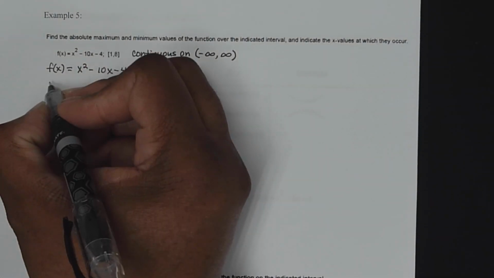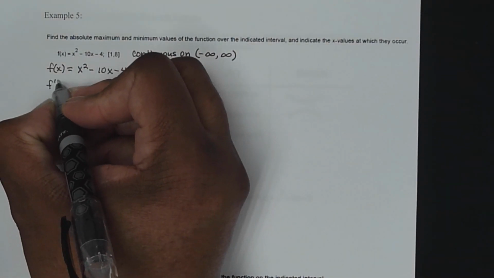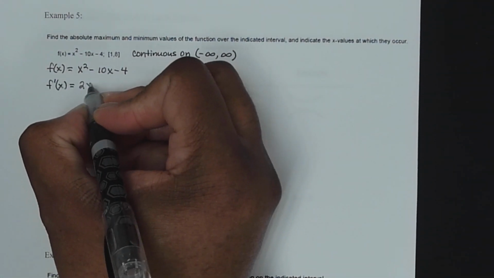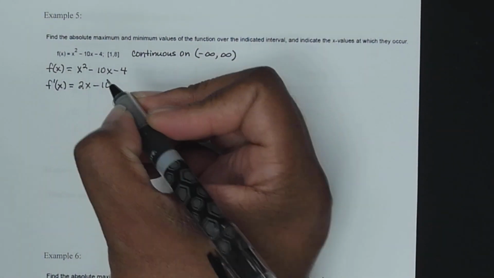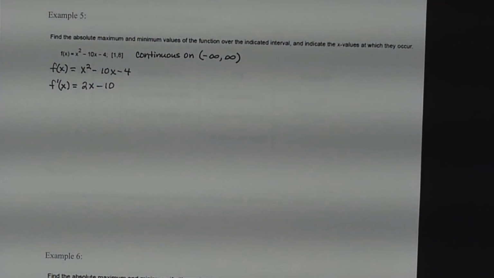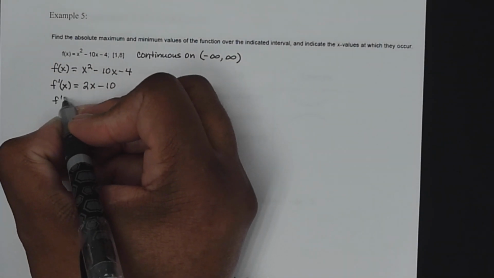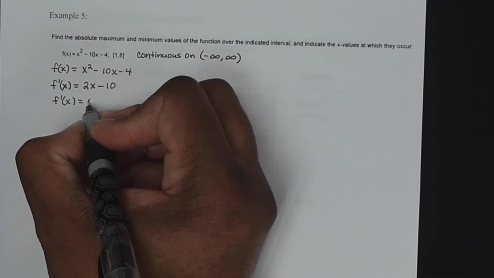Now, let's find our critical numbers. The way you do that is to take the first derivative of this function. So f prime of x would be 2x minus 10. Next we set f prime of x equal to 0 to find our critical numbers.